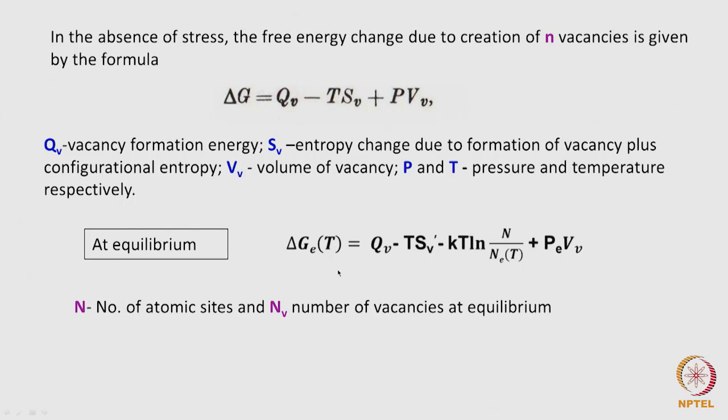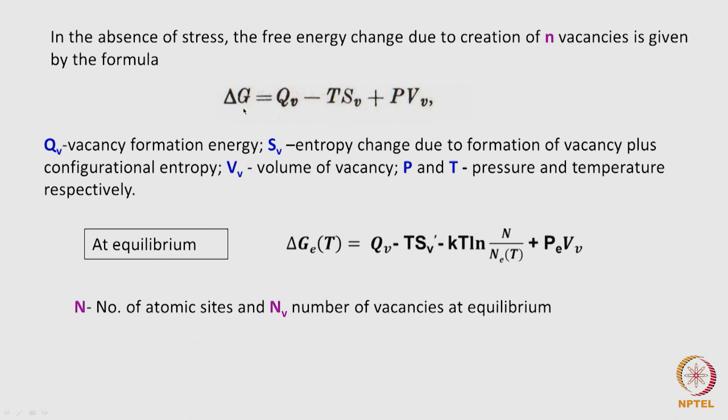So at equilibrium, this is how the value will turn out to be, correct? This expression we have derived in the case of a point defect earlier. When we derived it for the point defect, at that time we did not consider this part, P into V, which is nothing but a mechanical energy. This is the internal energy change, this is the entropy change, this is the mechanical energy change.